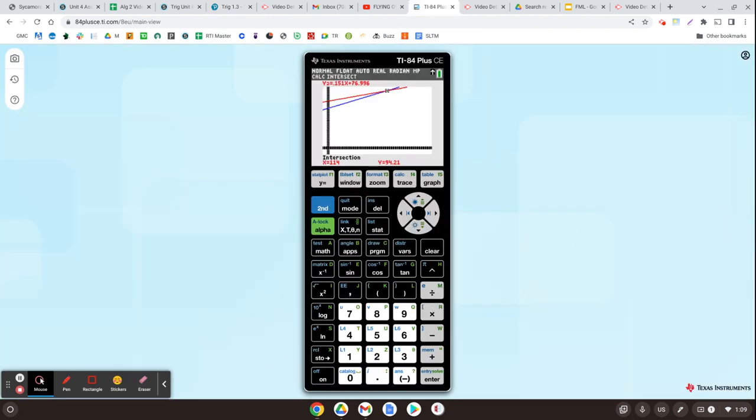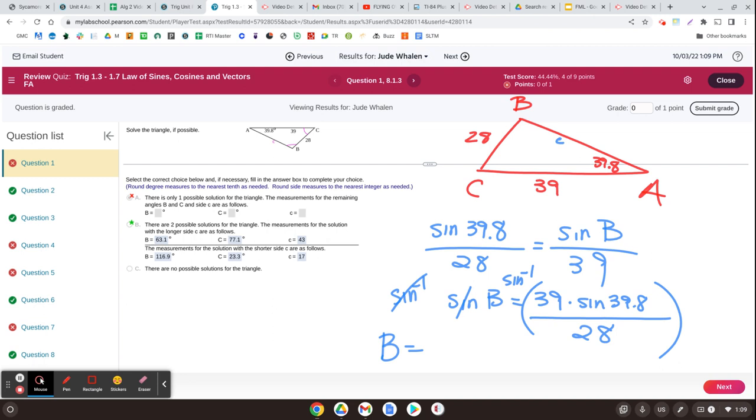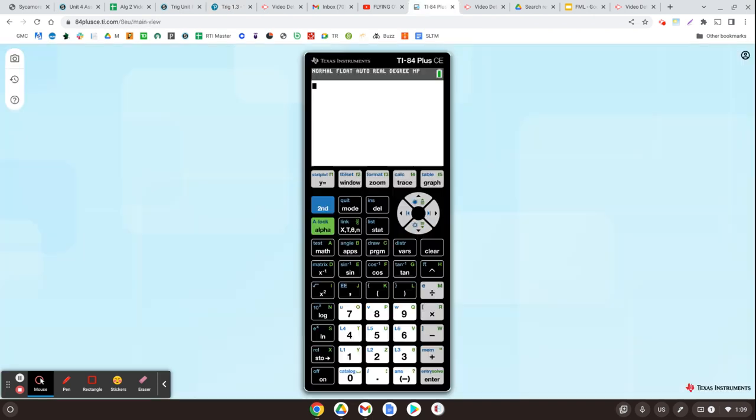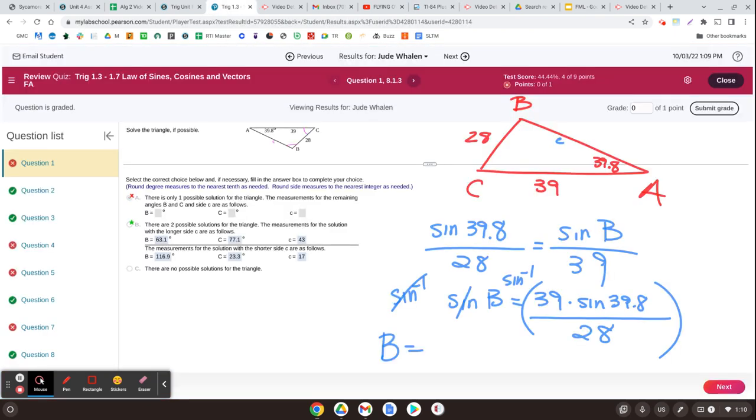So ready? 39 times the sine of 39.8. So here we go. Second, hold on. We're in radians, so let me go mode, degree. Okay. Now 39 times sine of 39.8, and then divided by 28.